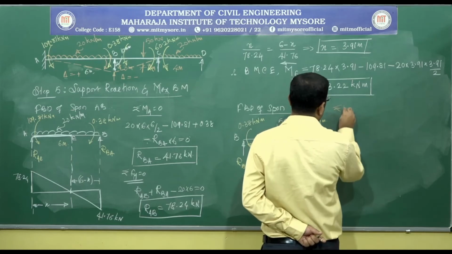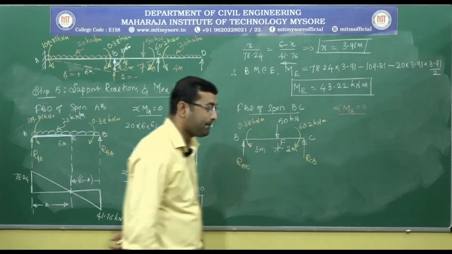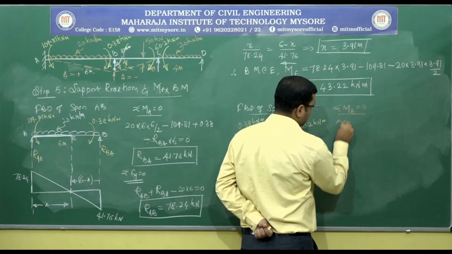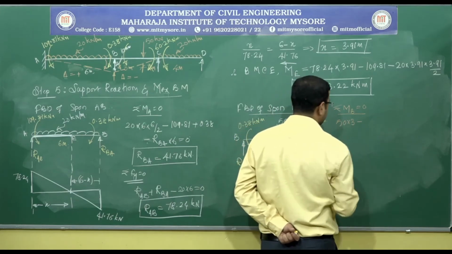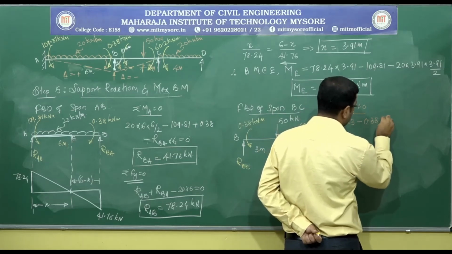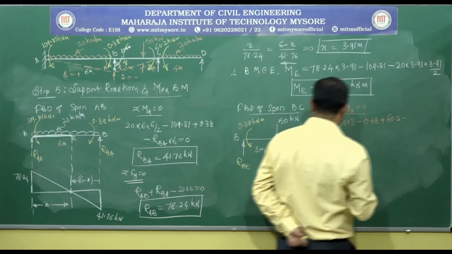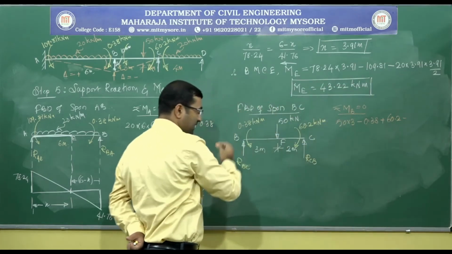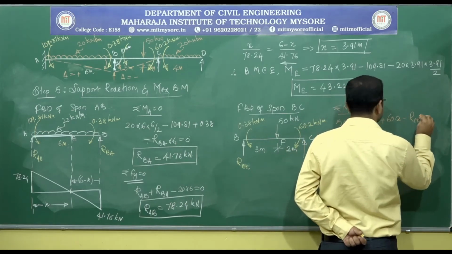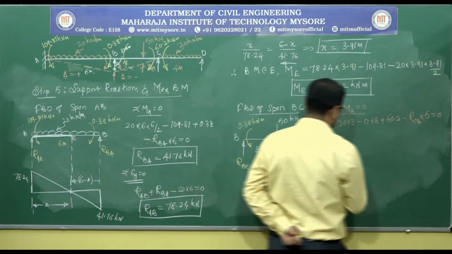If I impose the moment condition at B and equate it to 0, then this 50 kilonewton creates a clockwise moment. So it is 50 into 3, then we have an anticlockwise moment, so minus 0.38, plus we have a clockwise moment 60.2, minus this reacting force creates an anticlockwise moment, so it is RCB into 5 equals 0.